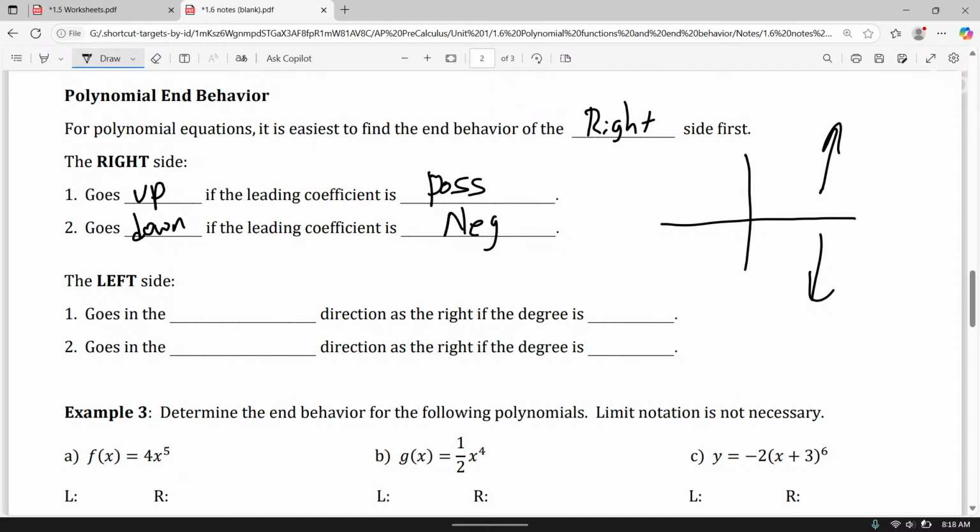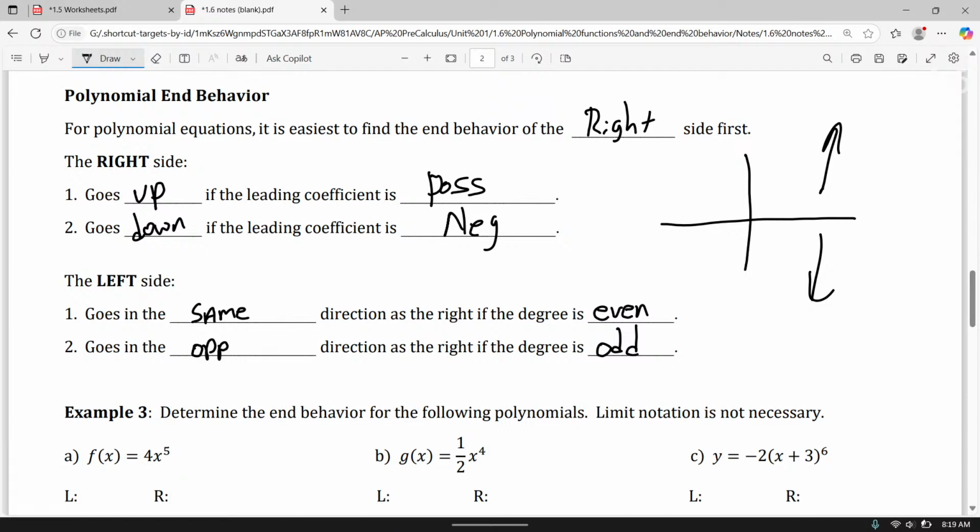On the left side, it goes in the same direction if the degree is even, and it goes in the opposite direction if it's odd. I guess I'll see what he did right there. I don't do it that way.